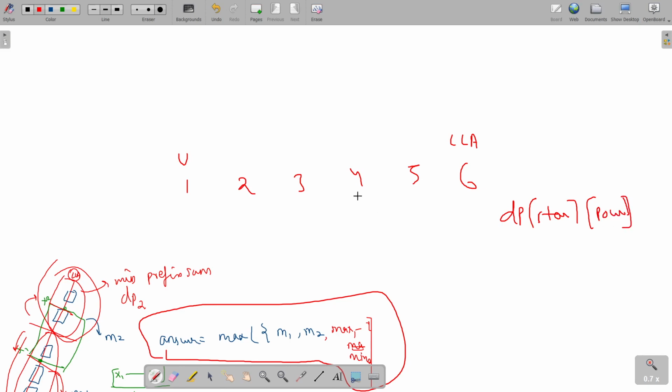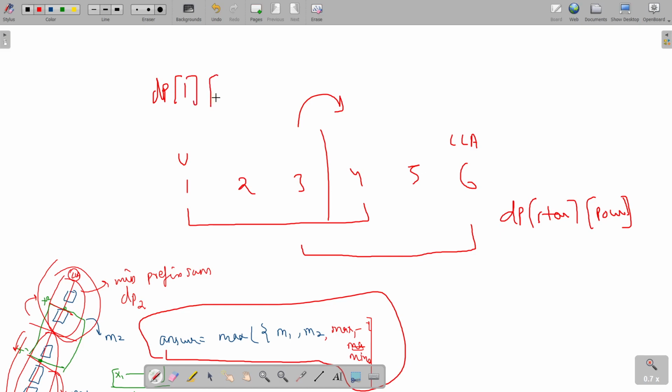So in this case, we will try to find the maximum power of 2 such that we just cross the mid. If we look at 4, which is 2 to the power 2, and we include 4 elements, and similarly include 4 elements from the other side, we will do dp of 1 and 2 to the power 2. So from 1, look at these 4 elements, out of all these subsegments, what's the maximum?